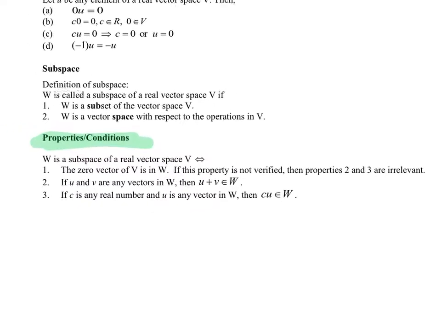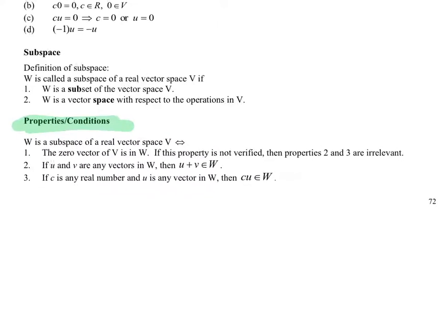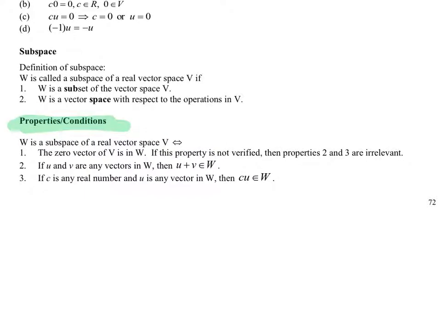All right, and when we talked about span back in the first unit, we're really just talking about the idea that, okay, sometimes a vector may not be in the span created by 2 other vectors, 3 other vectors, whatever it is. All right, so that span corresponds to the subspace. If you span out to the entire real number system, then it's not a subspace, that's the vector space itself.